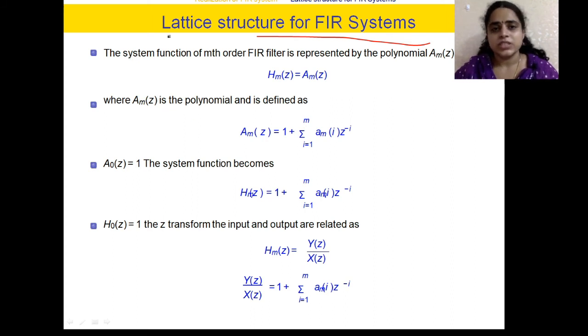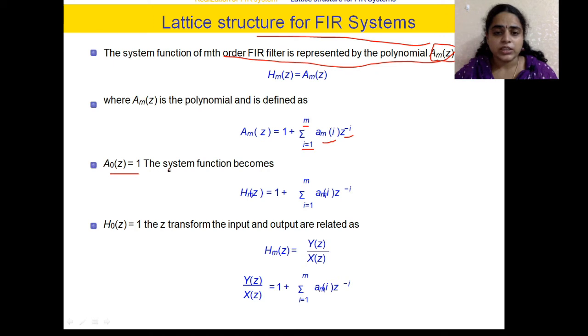This lattice structure is represented only when the FIR system can be represented by means of a polynomial Am(z). Here Am(z) is defined as Am(z) = 1 + summation i = 1 to m of Am(i) z^-i, and A0(z) = 1. The system function becomes Hm(z) = 1 + summation i = 1 to m of Am(i) z^-i.